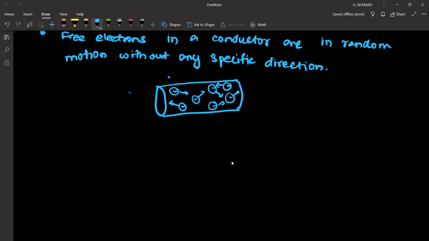Now, what will happen when we connect an EMF source or a voltage source? Let's look.